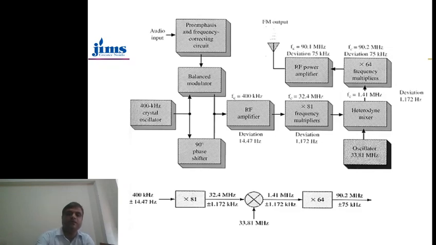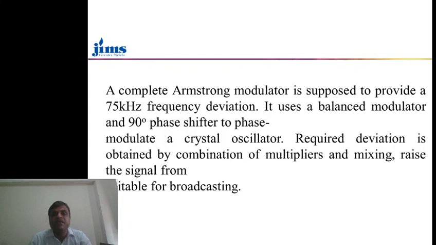So that's about the FM signal. Here we see the explanation, just read this explanation. A complete Armstrong modulator is supposed to provide 75 kilohertz frequency deviation. It uses a balanced modulator and 90-degree phase shifter to phase modulate a crystal oscillator.